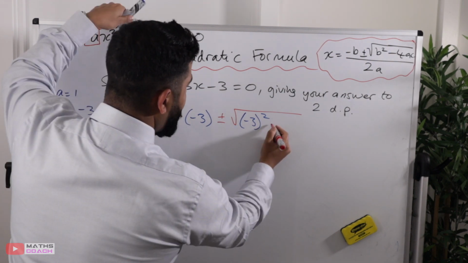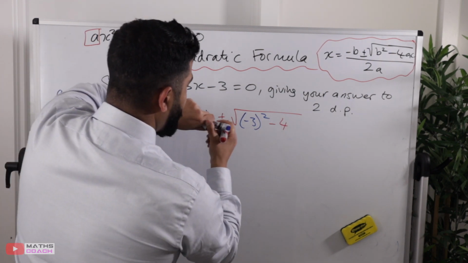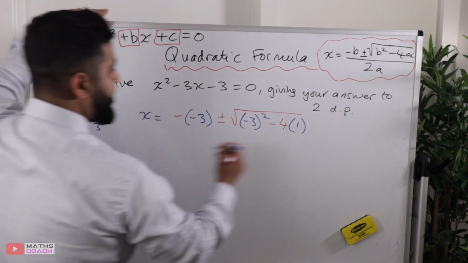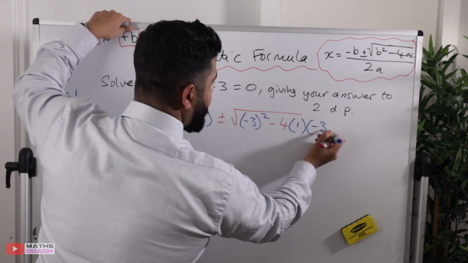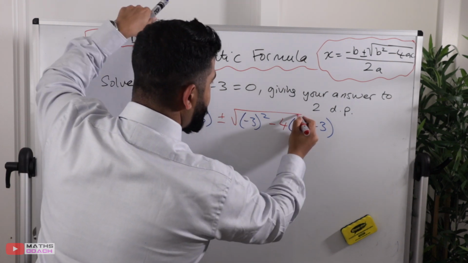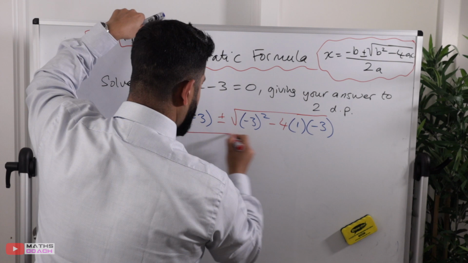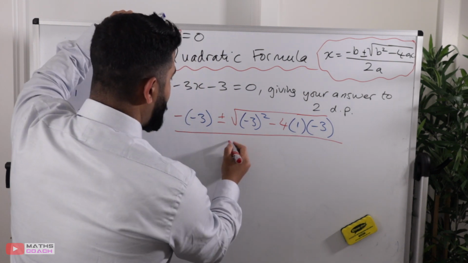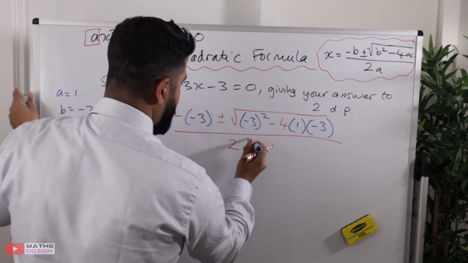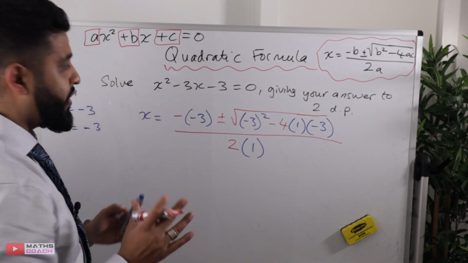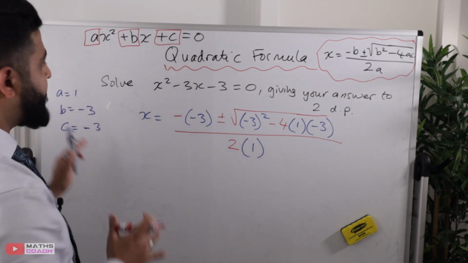And then minus 4 times 1, which is our value for a, and times by minus 3, which is our value for c. And that's going to be all over, I should really do that in red as well, all over 2 times a, which is 1.